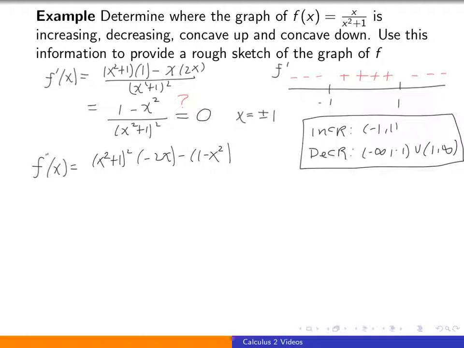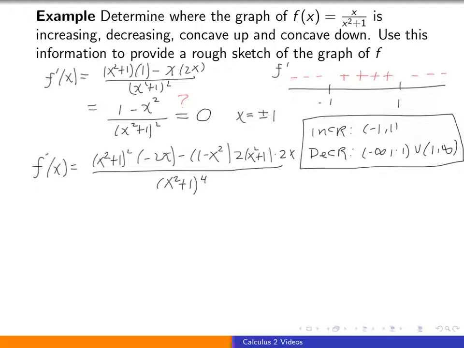And when we differentiate that function in the bottom, we are going to have to use the chain rule. So we get the derivative of the outside evaluated at the inside multiplied by the derivative of the inside, and this is all divided by the bottom squared. And when you square a square, it becomes the fourth power.